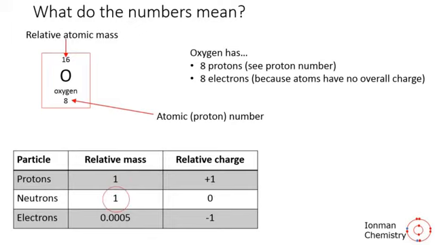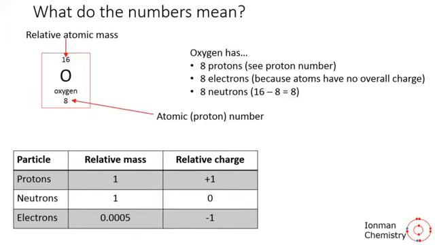If you look, neutrons also have a mass of 1. So the difference between the mass from the protons of 8 and the mass of the whole atom must be caused by the number of neutrons. So we can work this out by doing the mass, take away the number of protons, which tells us the number of neutrons.